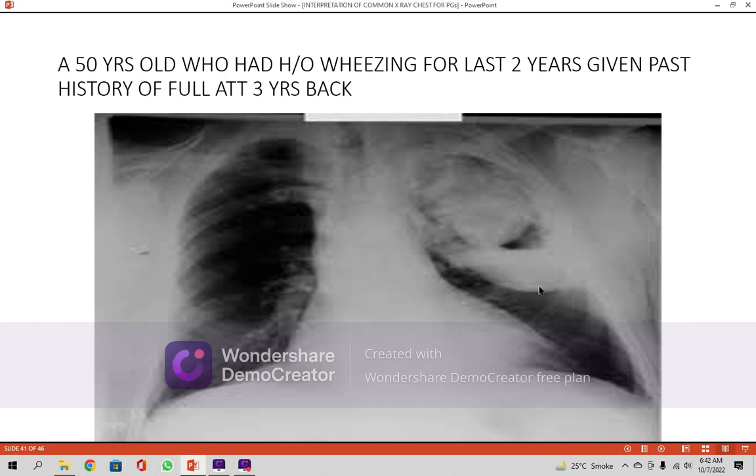Here there is a big wall. Then there is air inside, air in air, and then again air, and there is a mass inside, a rolling mass, a whorl appearance. This is called Monod sign. This is a typical case of aspergilloma.